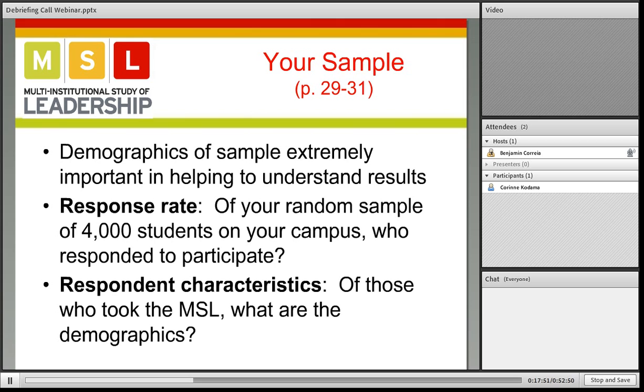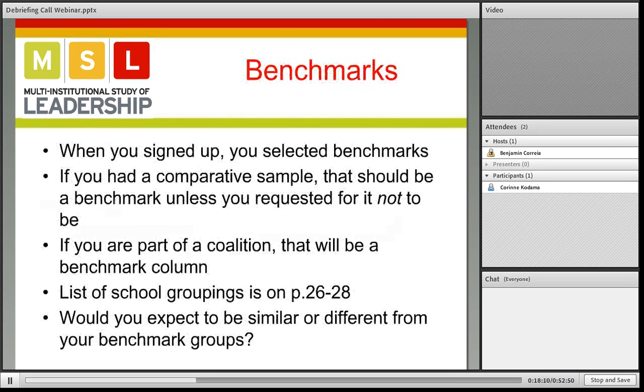Of those people who took the MSL, what is the composition? That's typically what more people are interested in, but it's a good thing to remember when you're interpreting your results. If some things don't make sense, or they seem imbalanced, or they don't match the national data, it might have something to do with who actually filled it out.